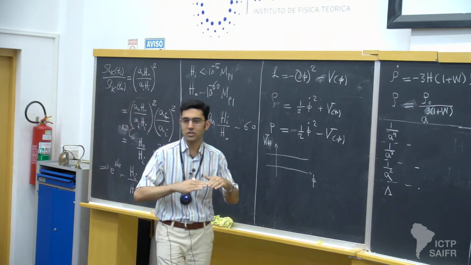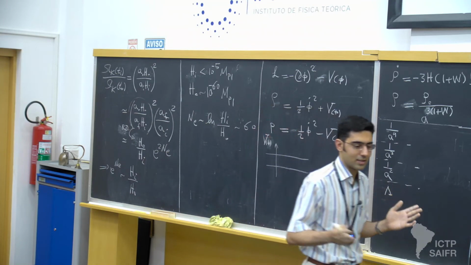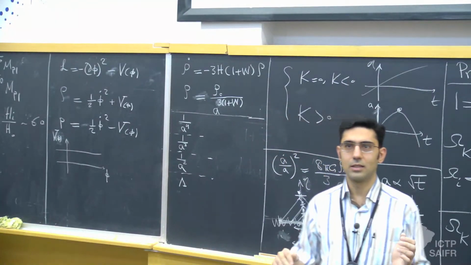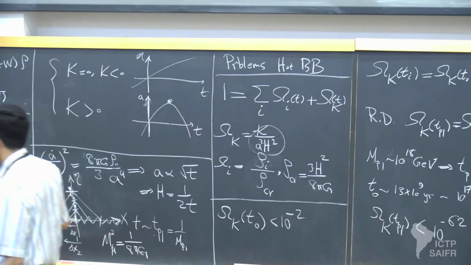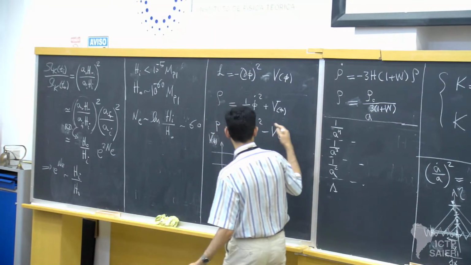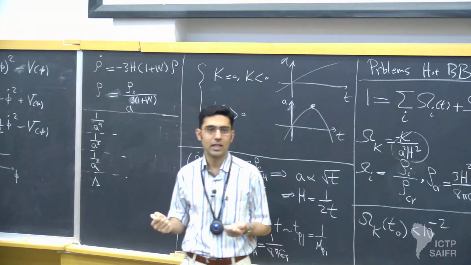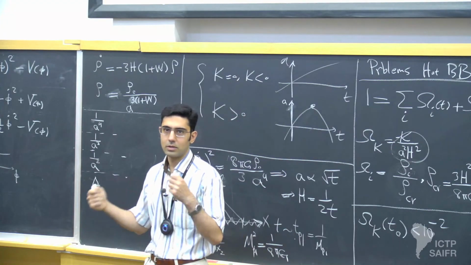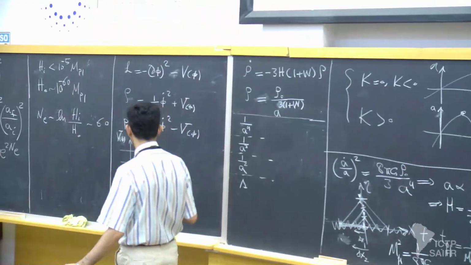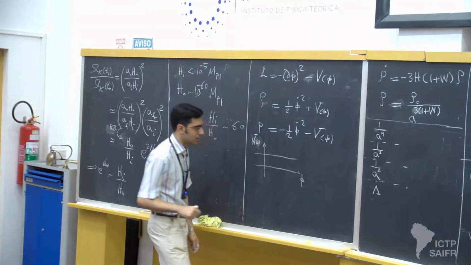A flat potential, I might as well call it lambda because it doesn't depend on phi. So a flat potential is just lambda, and of course it gives me a cosmological constant in the Einstein equation, or it will give me the T mu nu that is equivalent to the cosmological constant.